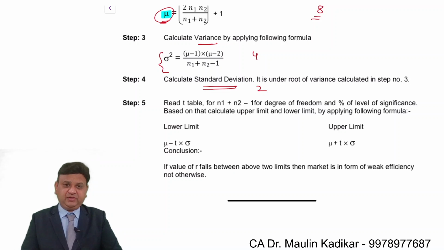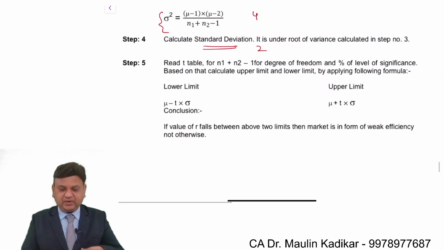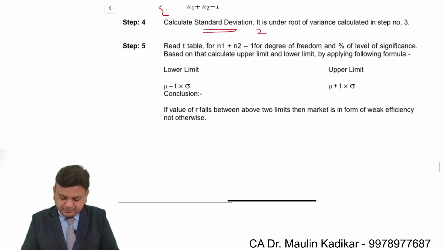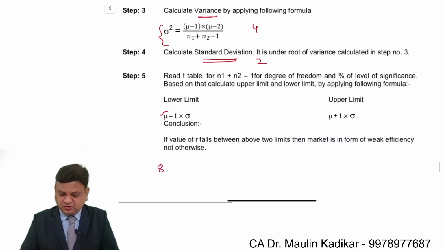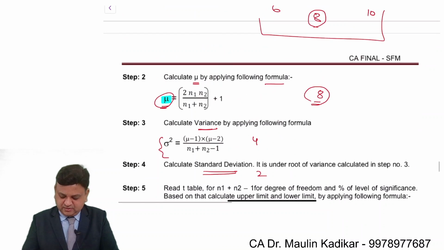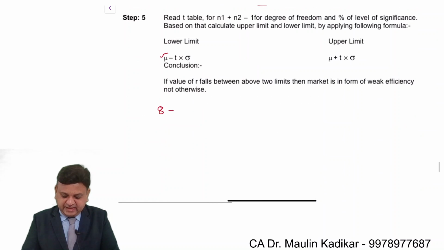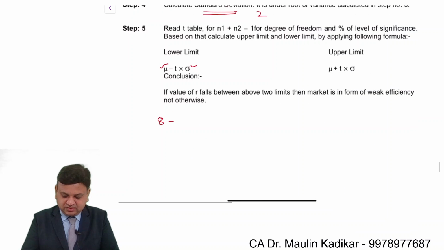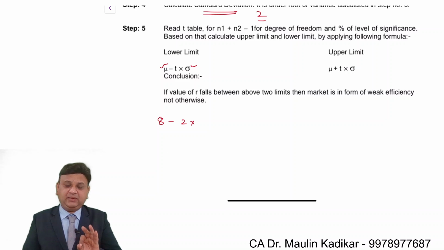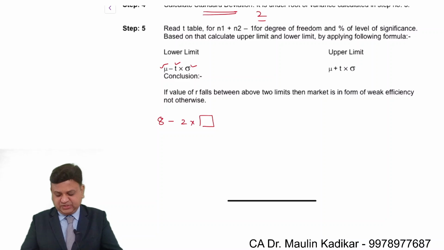Now the last step will come. In the last step, listen carefully. The mu value, that is 8, which I have assumed over here, minus the standard deviation, that is 2, into the t table reading for 5% level of significance, will give the lower range.